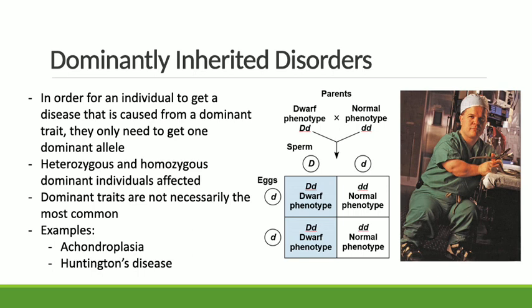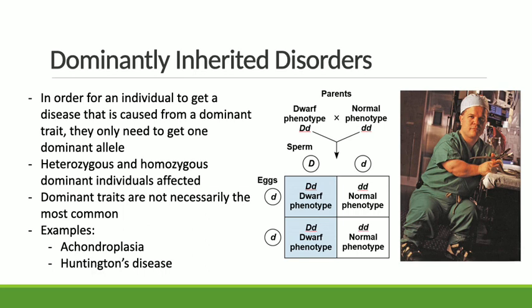There are also other health problems that come from being achondroplasic. Okay, so the only way to not have achondroplasia is to be homozygous recessive. Okay, so these are dominantly inherited disorders where you have at least one of the dominant alleles, you will express that trait or have that disorder.